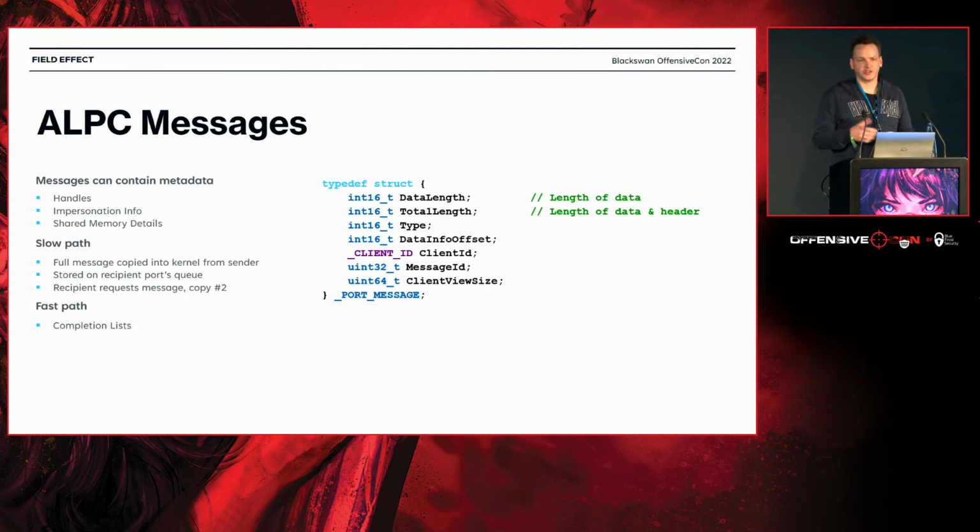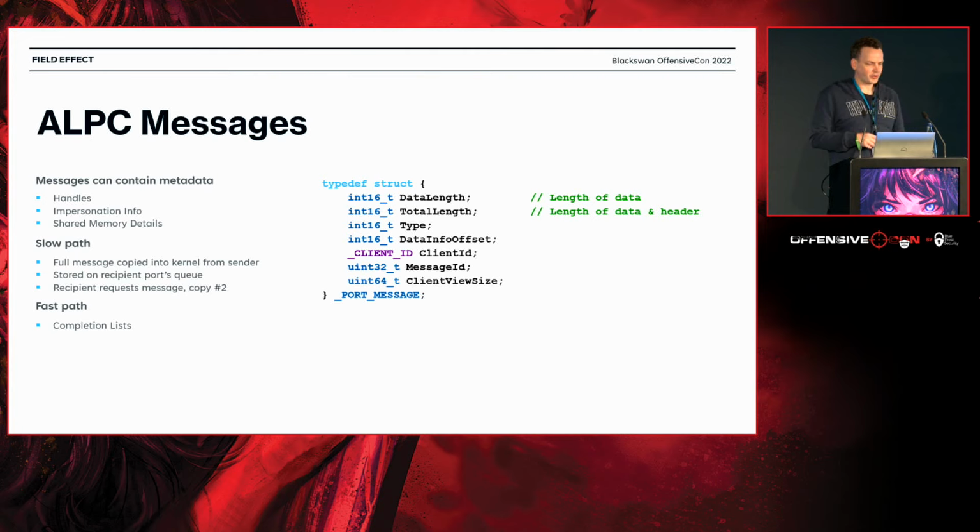Impersonation information, so if the server wants to impersonate the client when doing some sort of operation to ensure the permission checks are good, that information can be contained within the metadata. And then also shared memory details. So if a client and server have agreed they're going to be exchanging information through some sort of shared memory region, then the details of that can be shared through the metadata.